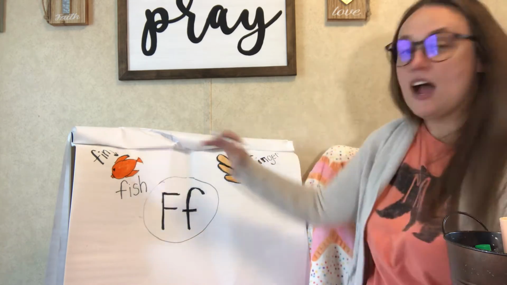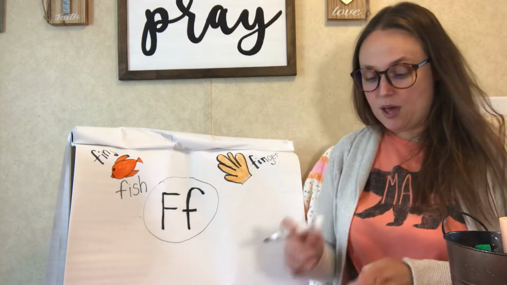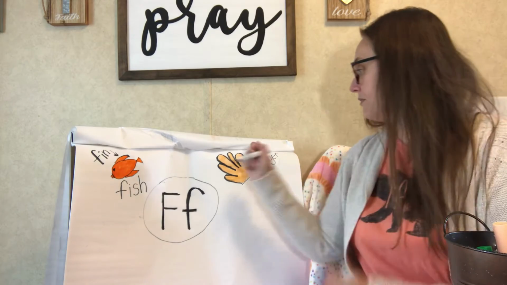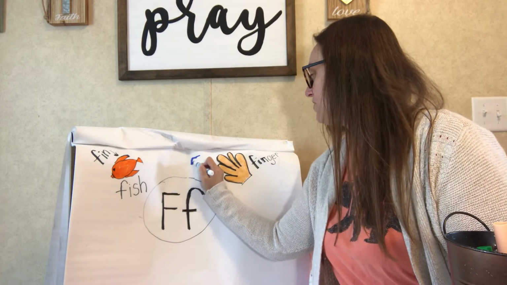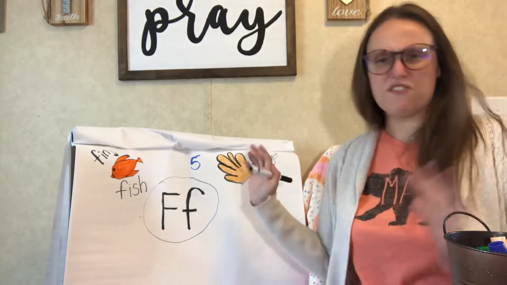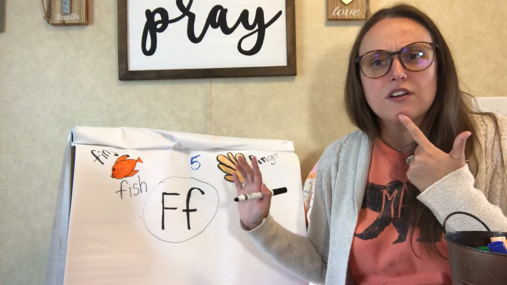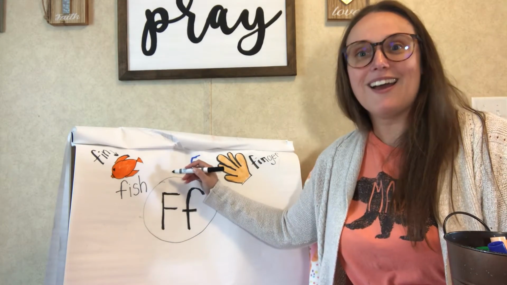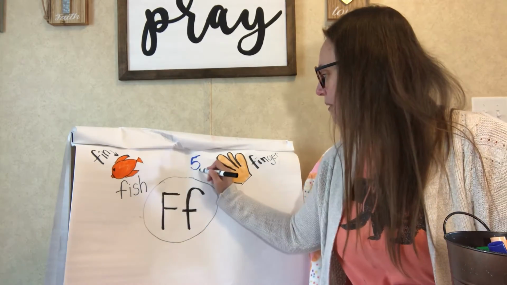And now over here, I'm going to spell 5. But we can also write the number 5, can't we? Because we've talked about that number, haven't we? So, what's the first sound in 5? Good job. How do I spell five with an F? Good job.